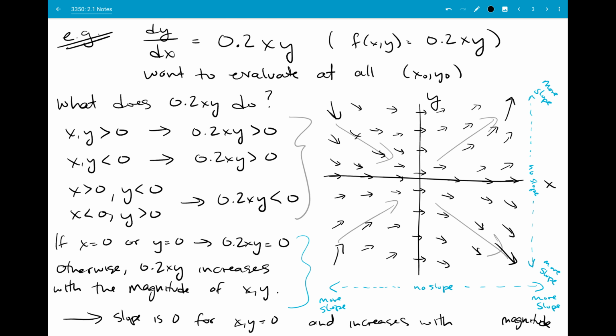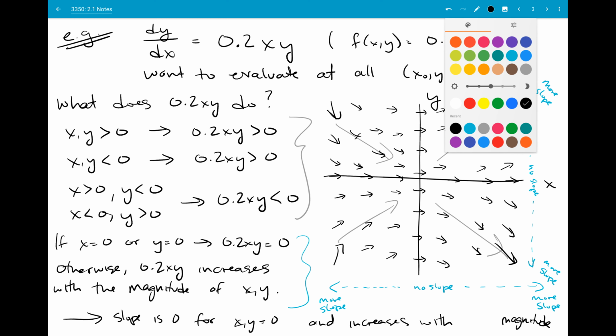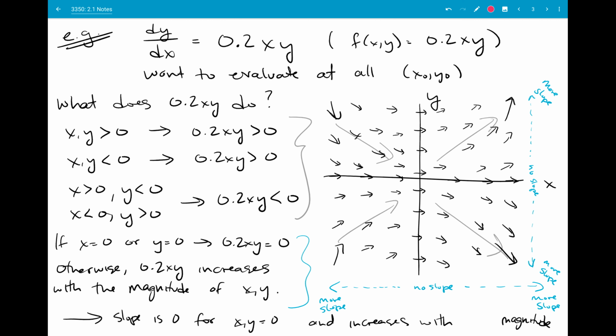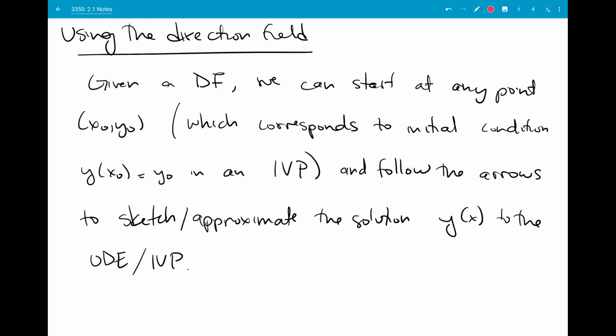And so let's go ahead and try that on this picture. I'm going to use this red color again. And so let's say that this is my initial condition, x0, y0, right there. Somebody told me that my initial value problem, oops, here, we'll do that.